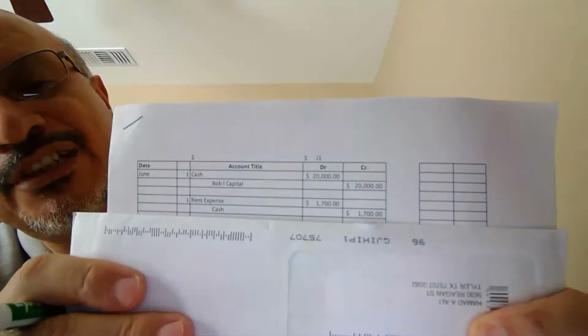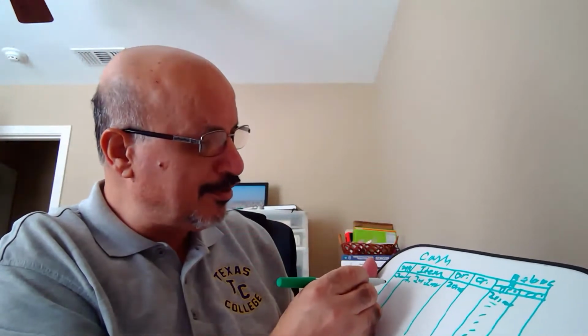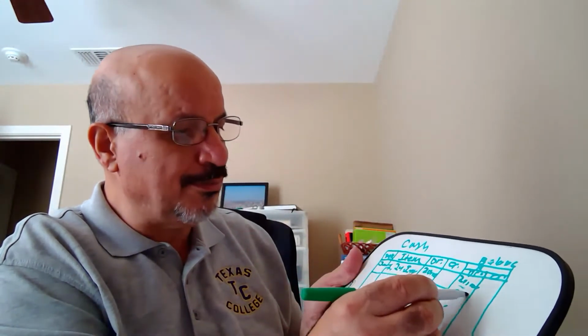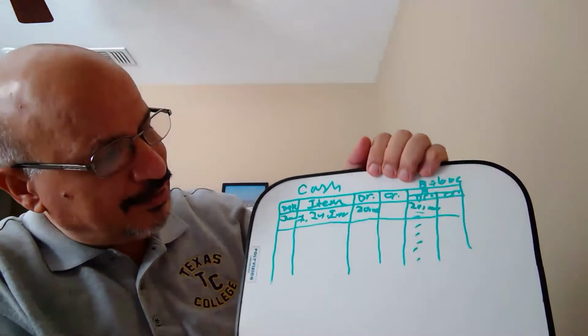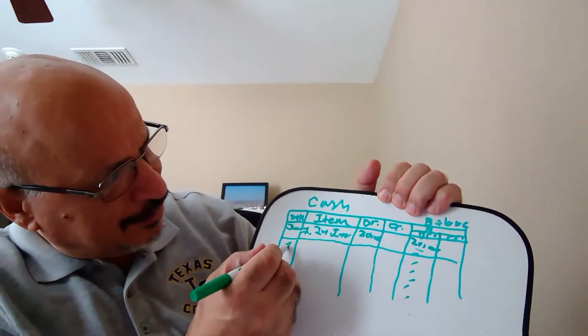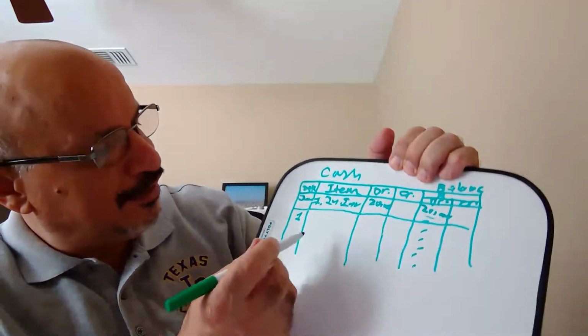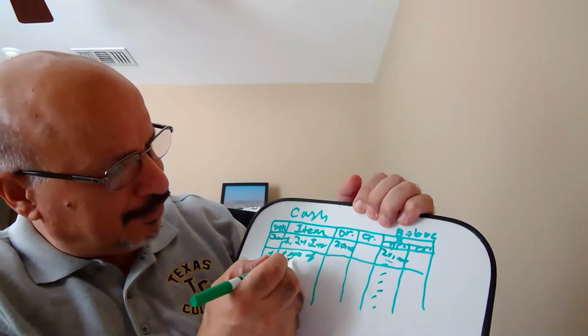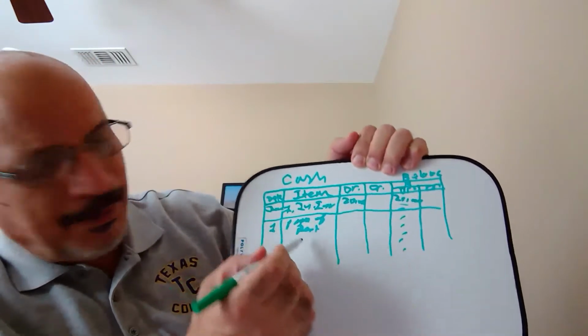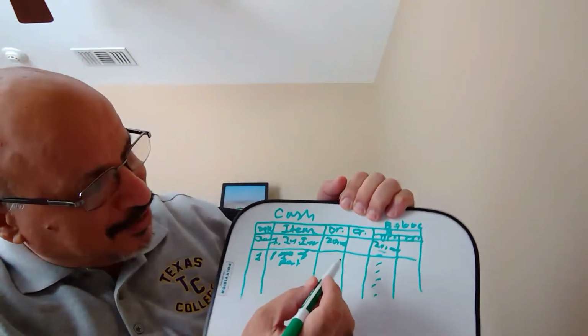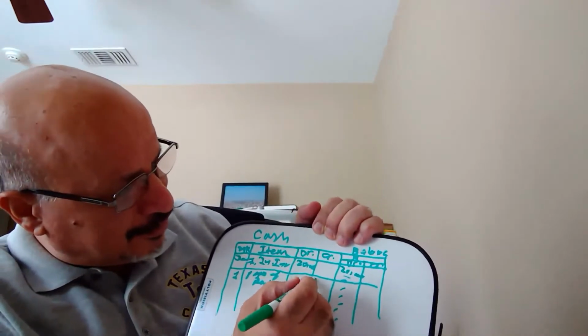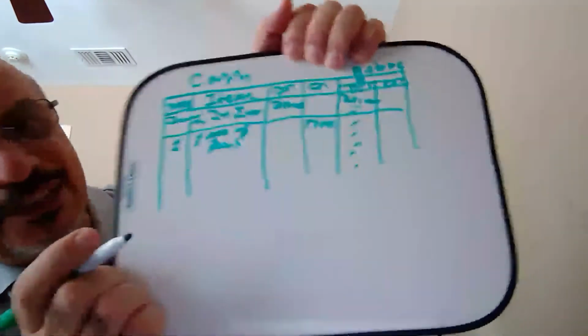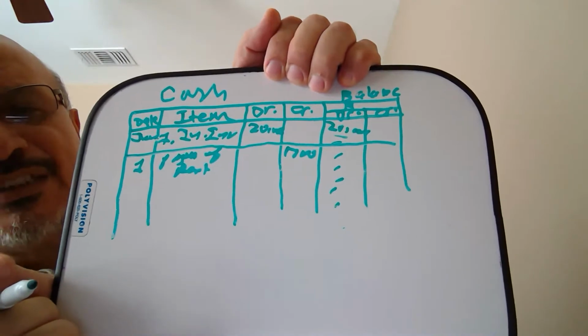So on the 1st again, June 1st, payment of rent. Now the cash is credited for $1,700. Notice I put it in the credit side, $1,700.